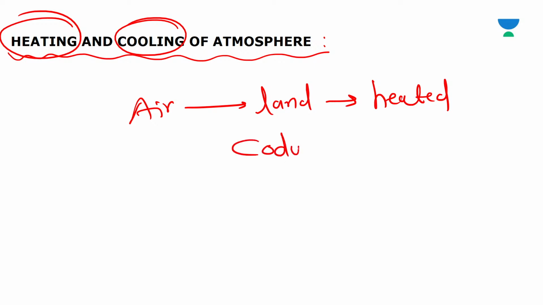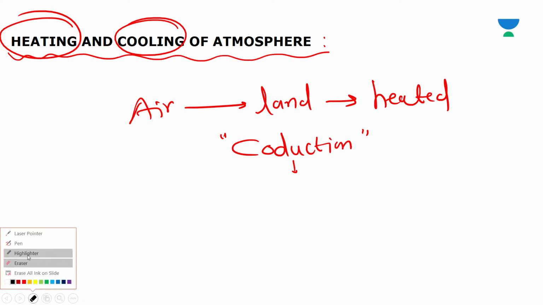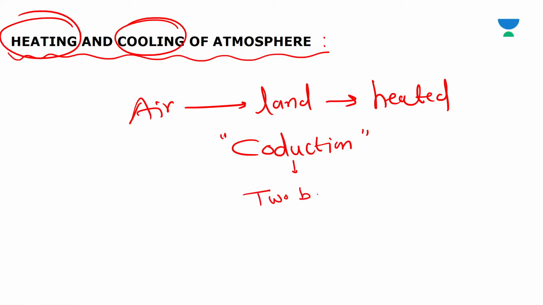So the process which is known as conduction takes place when two bodies of unequal temperature are in contact with one another.